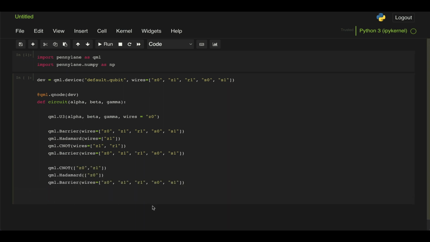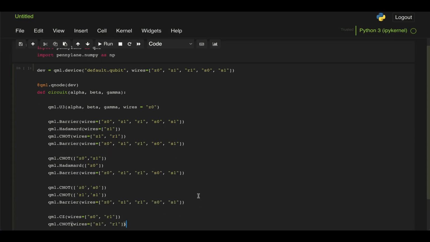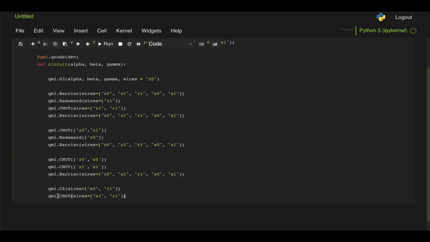Then the CNOT gates from Zenda's qubits to the auxiliary qubits, which in this diagram is called a copier. And lastly, the conditioned Z gate and CNOT gate that go from each of the auxiliary qubits to Reese's qubit. And then in this problem, we're asked to return some expectation value on some observables on Reese's qubit.